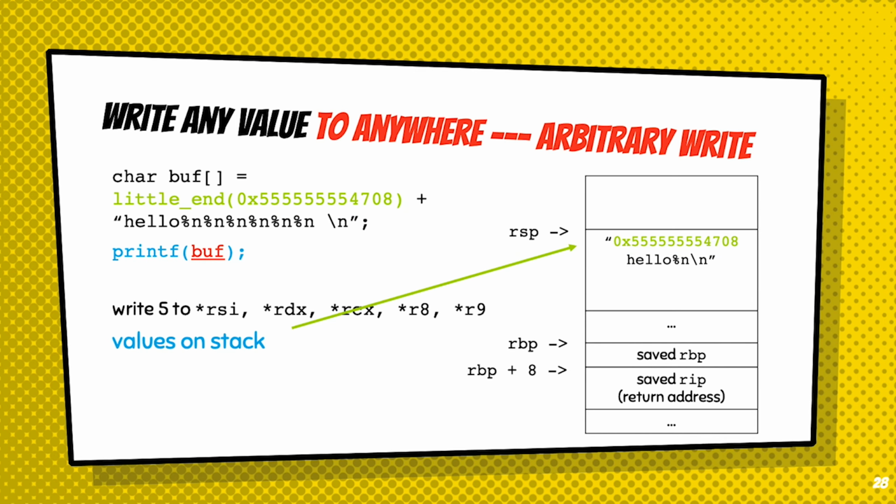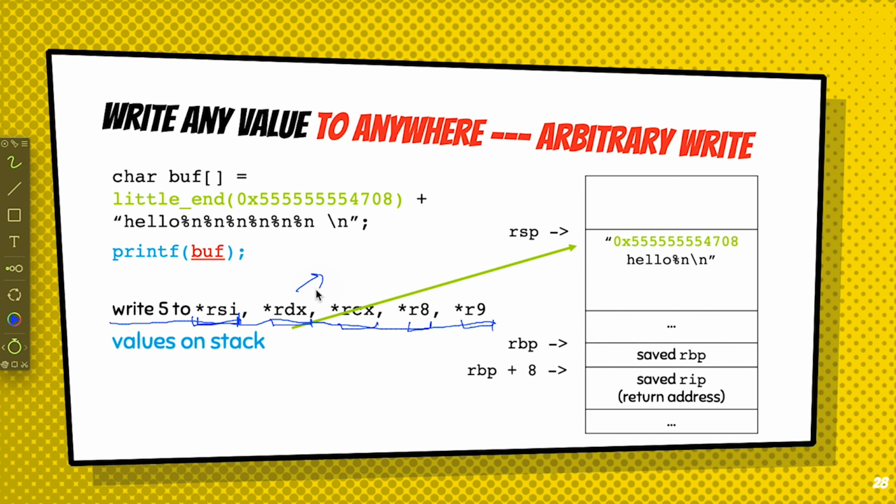And now you may find an issue over here. When we write 5 to those values, we actually don't know the values of RSI, RDX, and so forth, those registers. So what if when we dereference RSI or RDX, it is actually not dereferenceable? It will trigger a segmentation fault. So how can we avoid this?